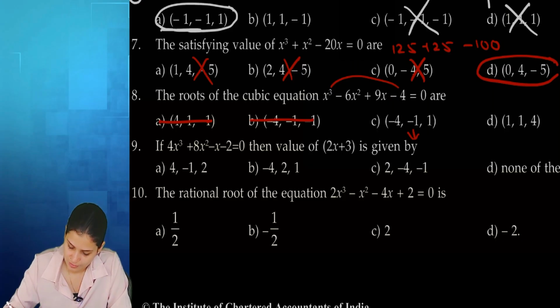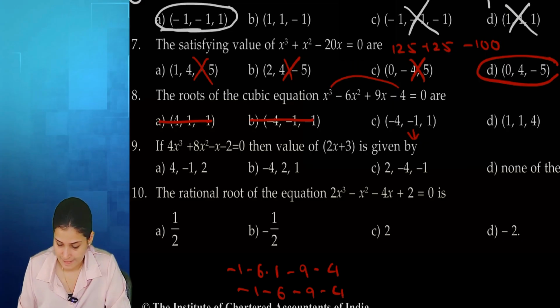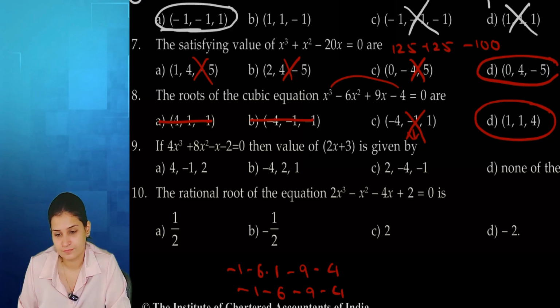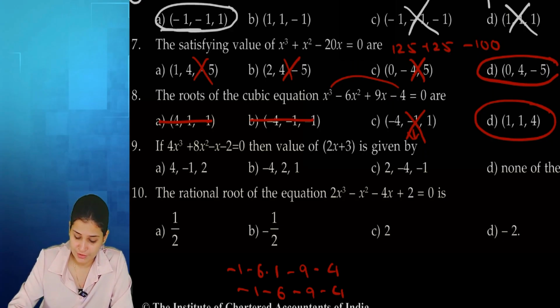Let's try -1. Will it give me 0? No, ma'am. Definitely no. So option D is the correct answer. Doesn't it reduce the time so much?